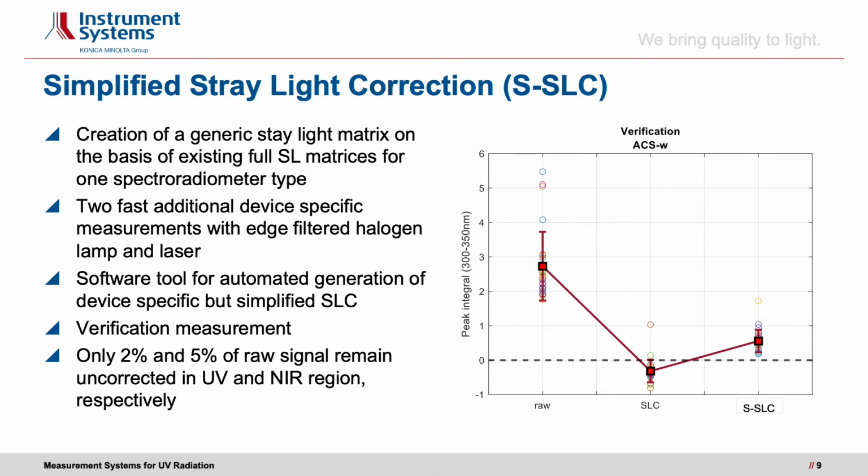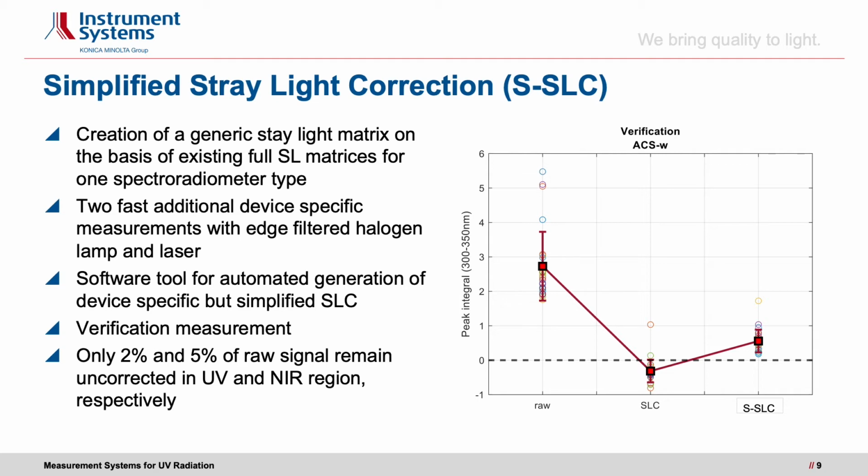Then you need just two fast additional device-specific measurements, for example using an edge-filtered halogen lamp measurement and the laser line measurement, in order to adapt this generic stray light matrix to the individual matrix for this spectroradiometer.